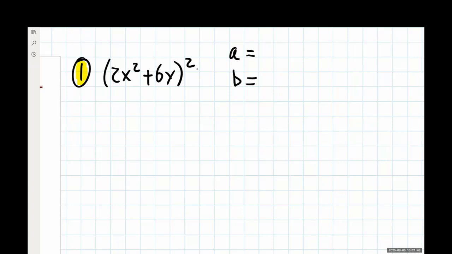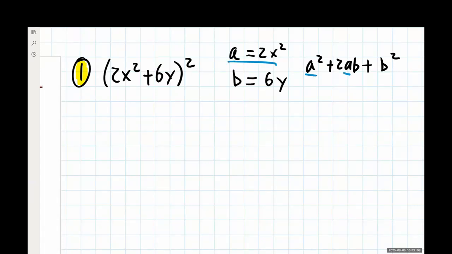In this case, a is going to be 2x squared and b is going to be 6y. If we reference our notes, our answer should be written out as a squared plus 2ab plus b squared. I can just replace the a's with this 2x squared, and I can replace the b's with the 6y's and simplify my answer down.